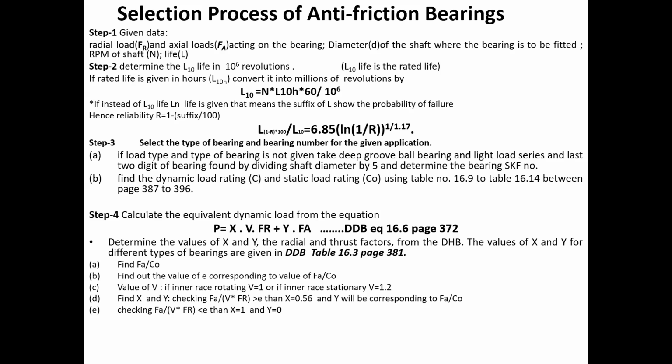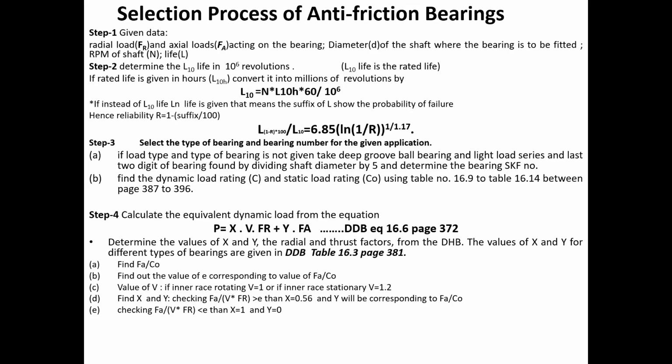For the first step in the selection process, we have taken this as given data. The second step in the selection process of a rolling contact or anti-friction bearing is determining the L10 life. This L10 life is nothing but the life of the bearing in number of revolutions with 90% reliability.